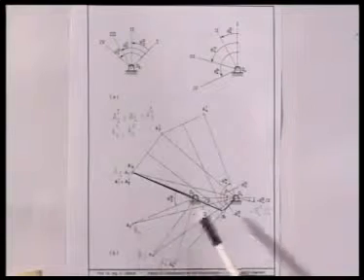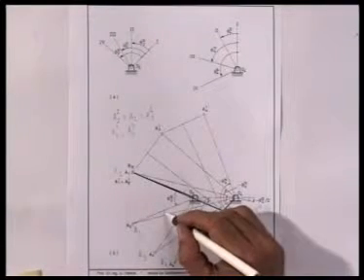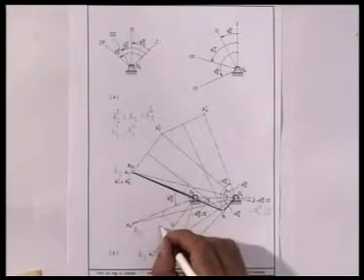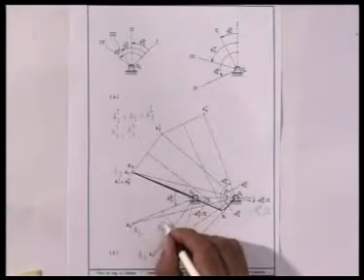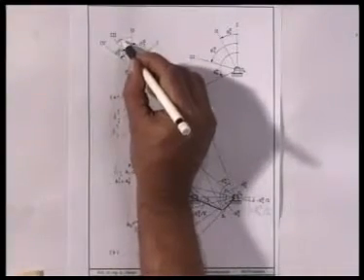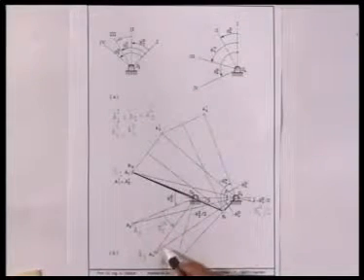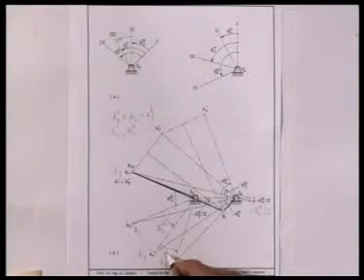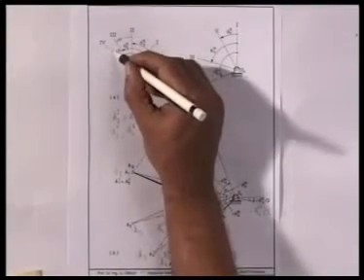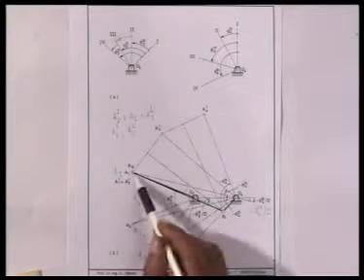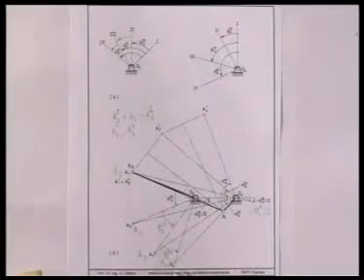Then between O2A2 and O2A3, this angle should be theta 223, which is also given. Then rotating it further, theta 234, which is also given. I can locate from this location of A1, A2, A3, A4.